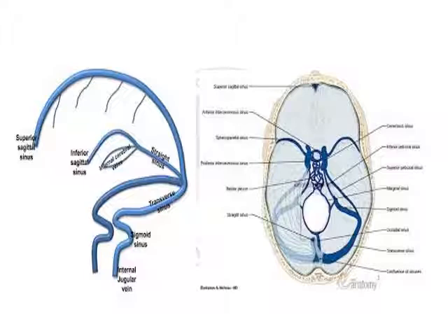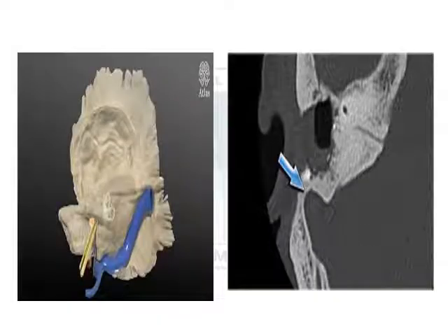So this sigmoid sinus is very close to the ear, and it is a very important landmark during mastoid surgery. If you don't know this, you should not do the surgery. Okay, and during the drilling also, you may likely injure the sigmoid sinus. Here, can you see this? The blue color vessel which is very close to the ear, right? You are drilling near this.